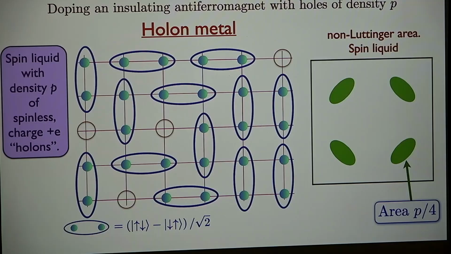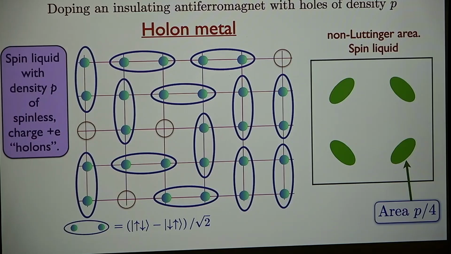That's because it doesn't care about electrons or anything. All it requires is a global U(1) symmetry, and the density of these holons is fixed. So what does the Luttinger argument applied to these holons tell us? Well, it will tell us that the total area should be p, because that's the density of the holons.